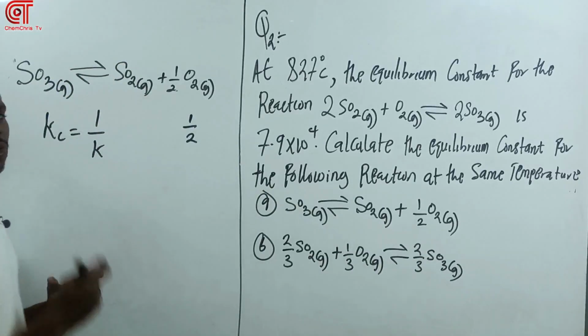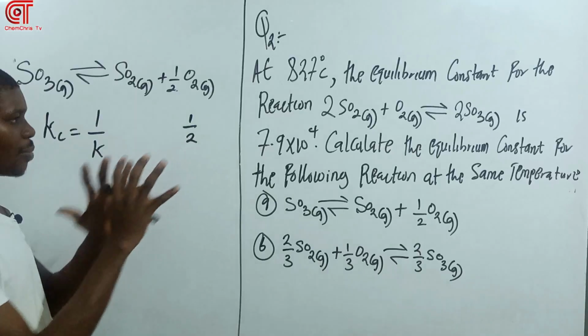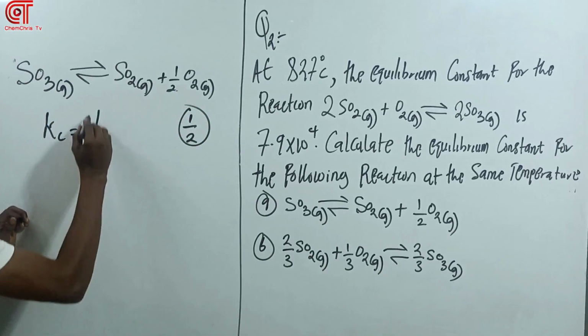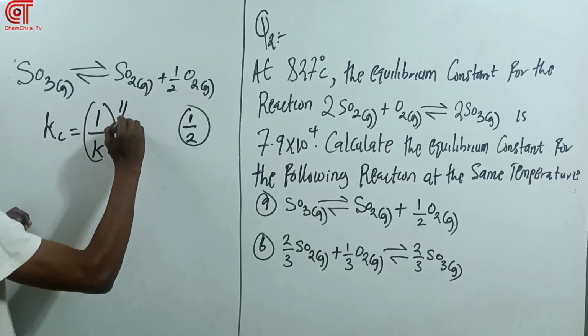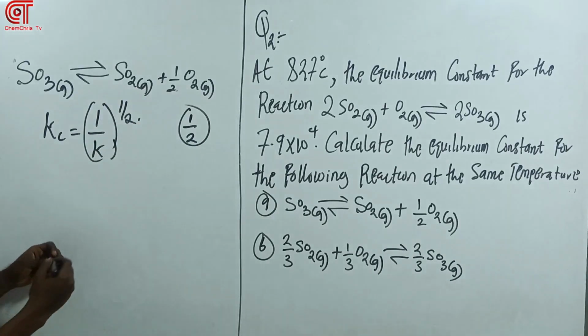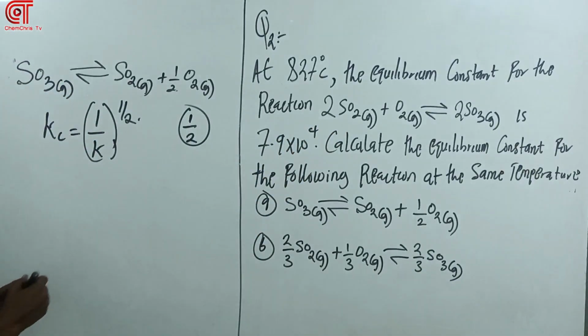Do you get that? So what I want to do here is check the difference in their mole. The difference in their mole is half. So that means everything is going to be raised to the power half. So what I want to do is input the value of K given in the question.